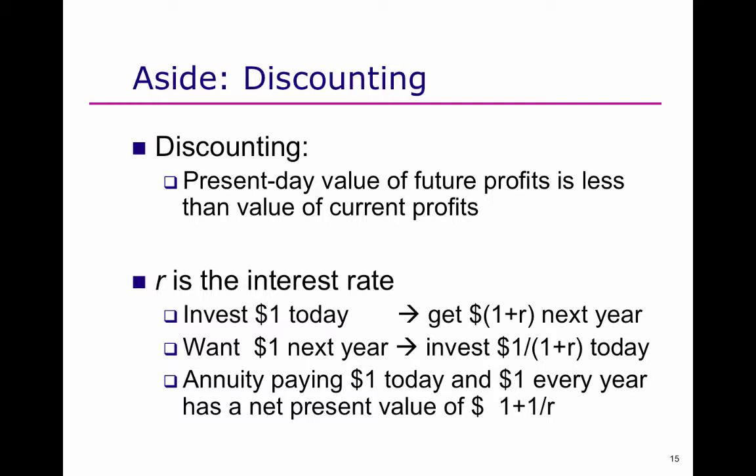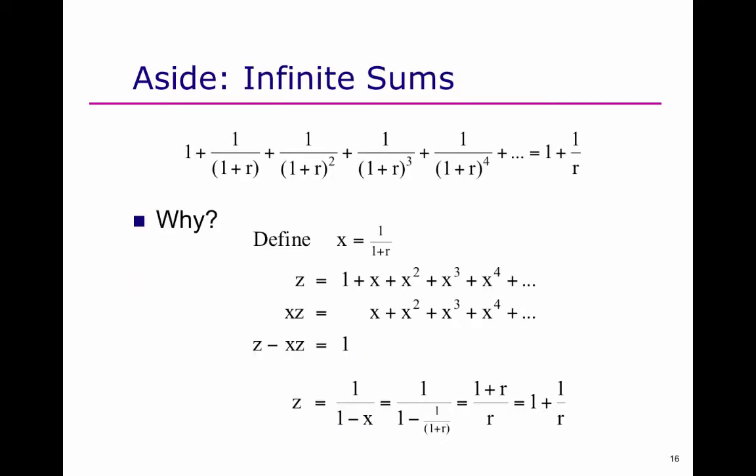An annuity that pays $1 today and $1 every year has a net present value of 1 plus 1 over R. That's just an aside, reminding us how we utilize time value of money analysis. Furthermore, if the game is played infinitely, we use an infinite sums categorization for our analysis. This uses something called a geometric series equation, which generates a 1 plus 1 over R result.